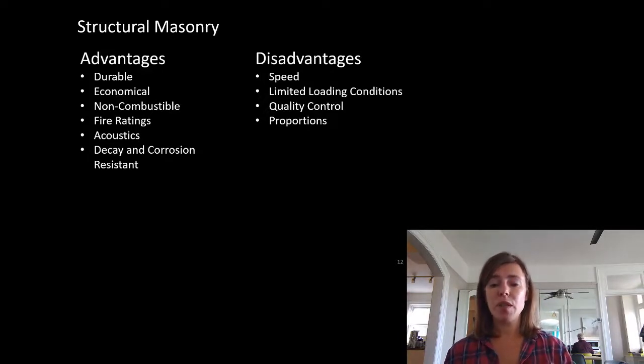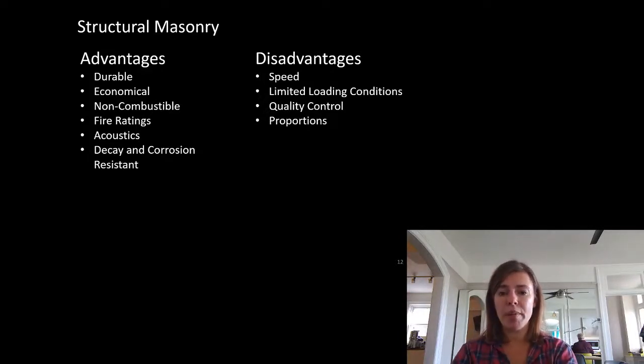Structural masonry. This is one that was probably the predominant construction method in the 40s, I would say, and it's kind of fallen out of favor now. Again, some of that has to do with the fact that our building codes require in-depth calculations, and masonry, as much as we know it works most of the time, it's harder to do that calculation and analysis of it, and it has some inherent flaws within it.